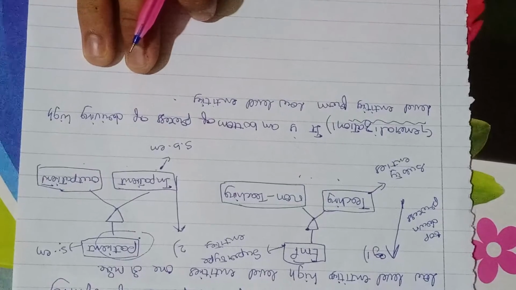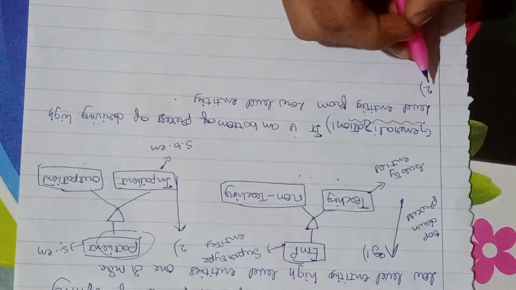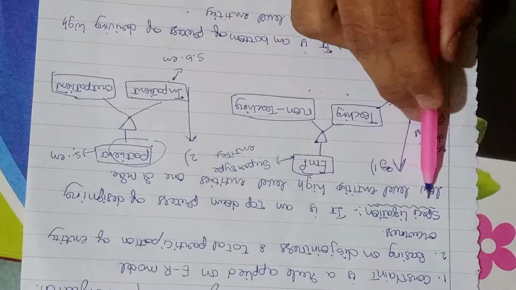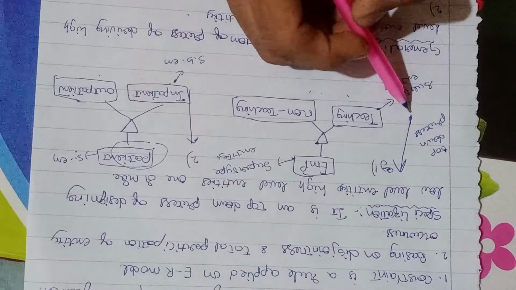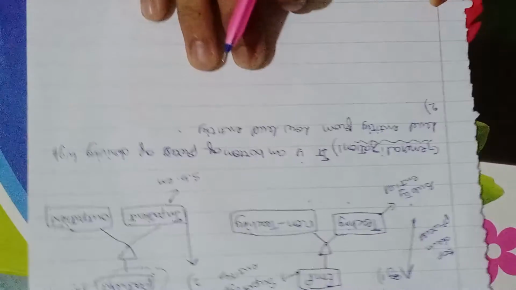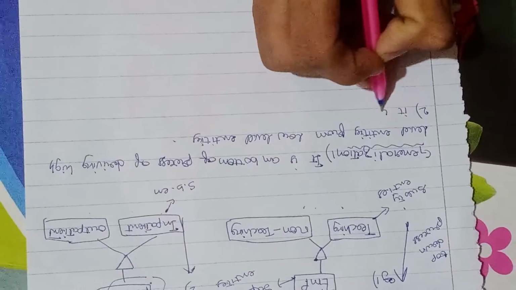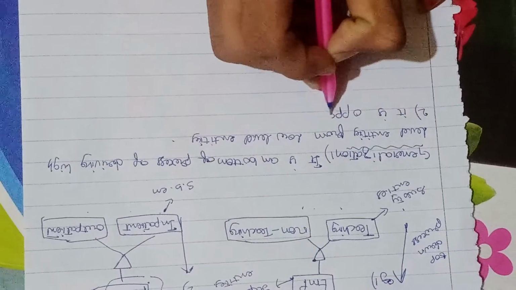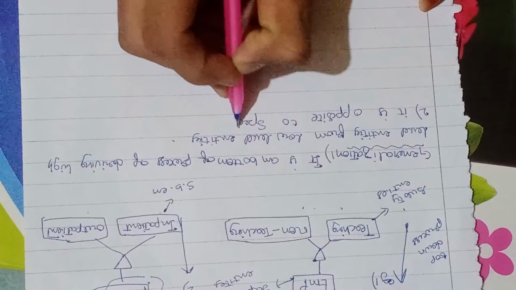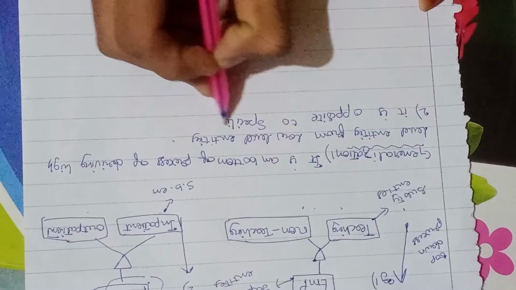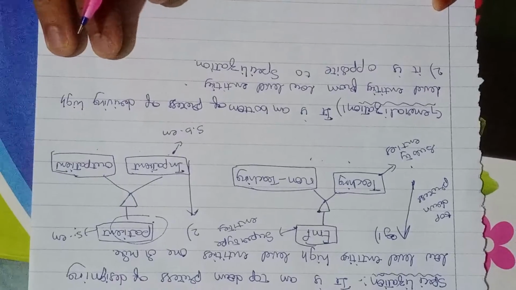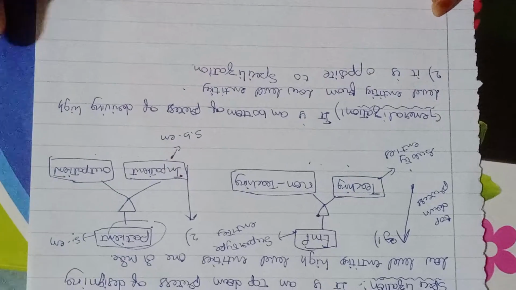Second point, it is the opposite of specialization, which goes top down, while this goes in the upward direction. Now we can see an example.